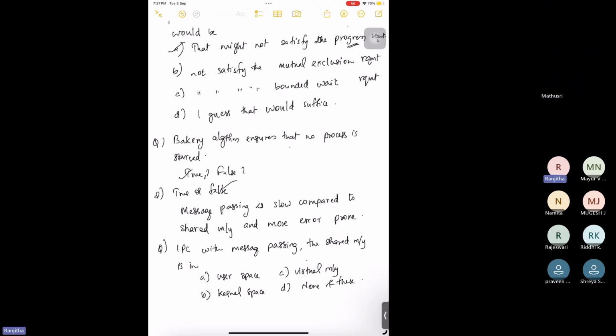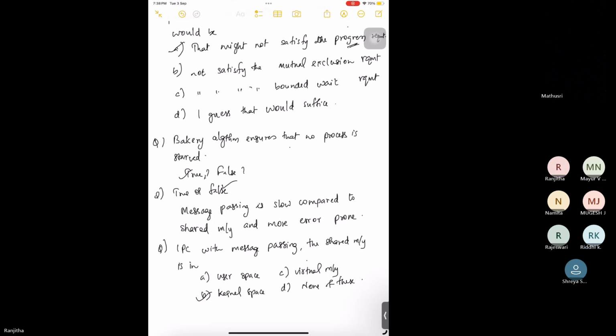Then IPC with message passing. Shared memory is in user space, and with message passing, it is in kernel space. Ma'am, so shared memory is in user space, but message passing is with kernel space?